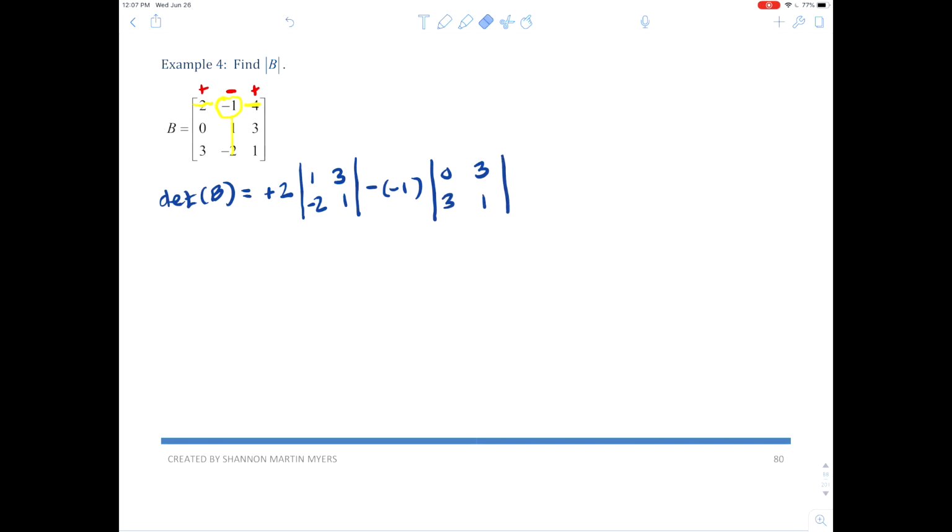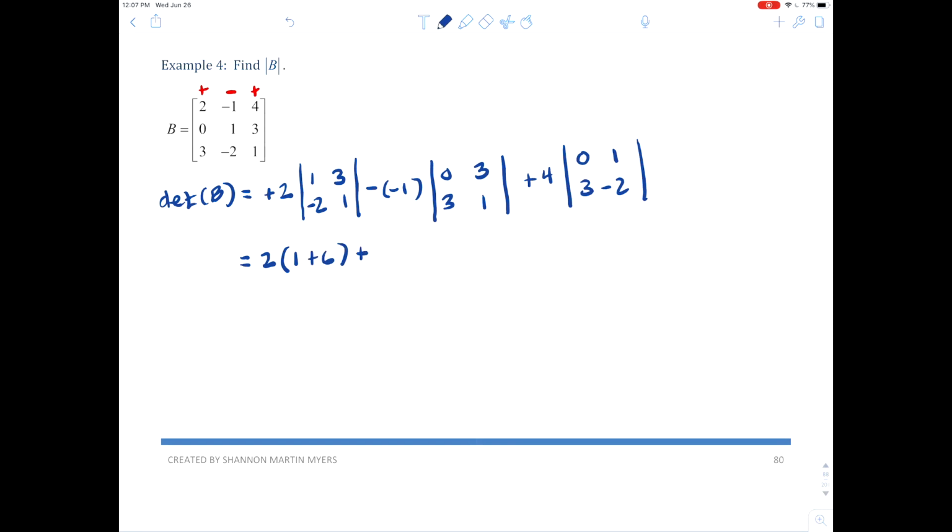And then lastly, let's see what we get. We'll be expanding about this 4 here. And we will have plus 4 times the determinant 0, 1, 3, negative 2. Good so far? Awesomely awesome. Continuing, we will have 2 times 1 minus a negative 6 is plus 6.